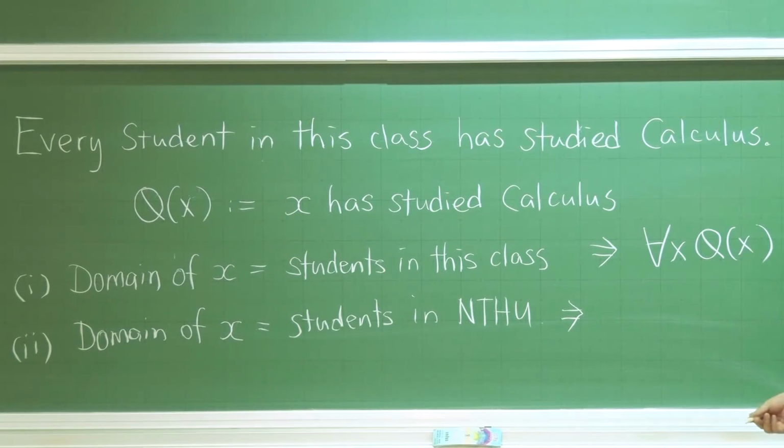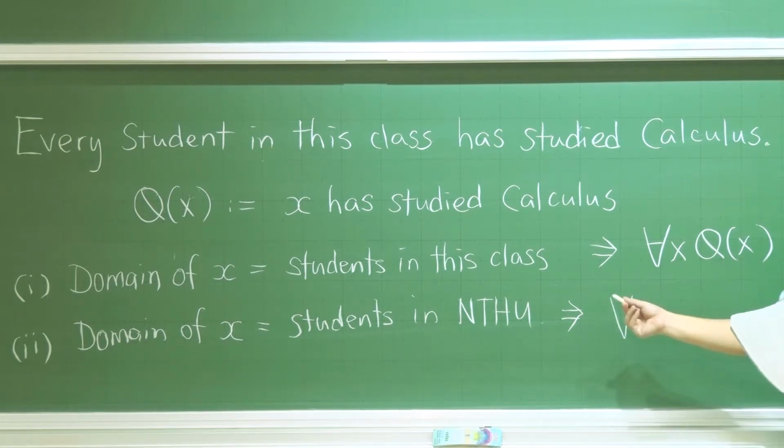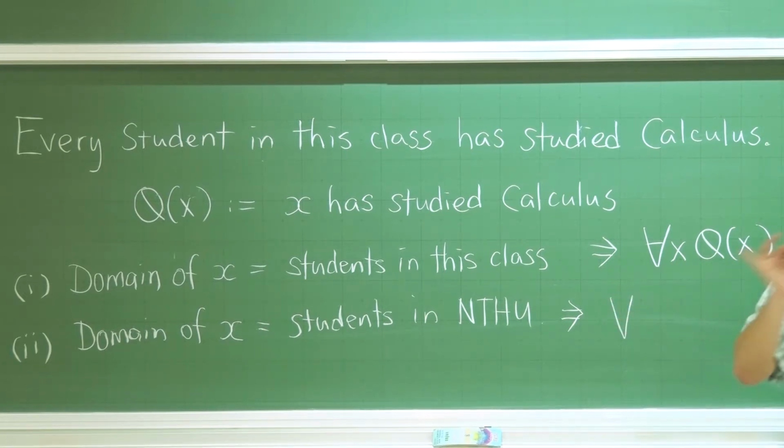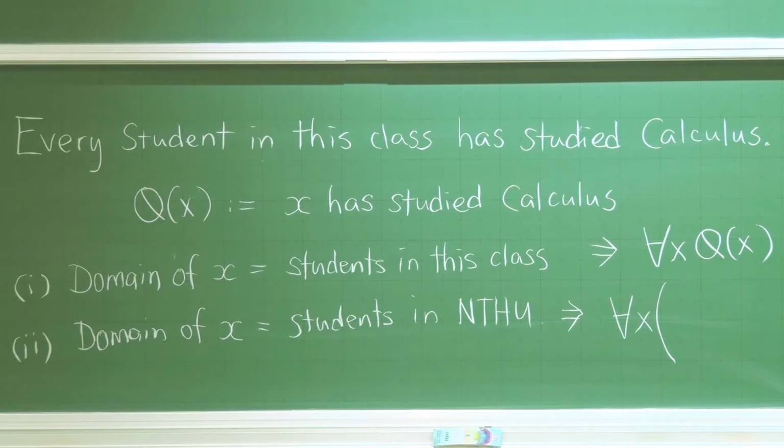The second one is still for all, because we are still looking at for every. For all x, but it should not be just for all x Q(x). It should be a little bit more complicated. We need to find a way to just focus on the students in this class rather than the students in NTHU.